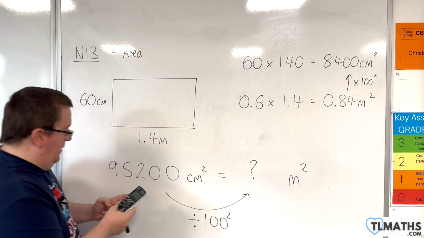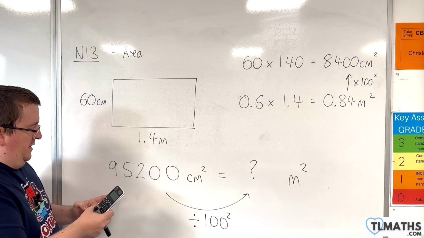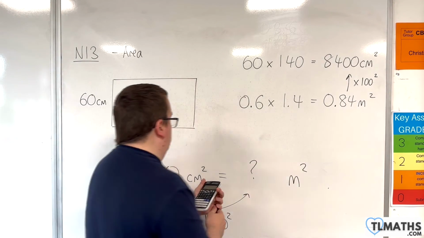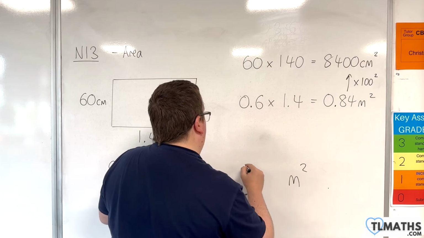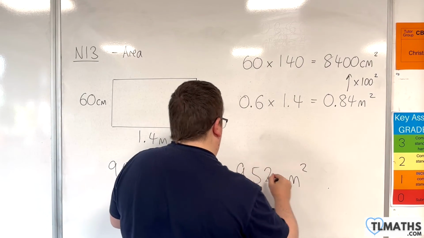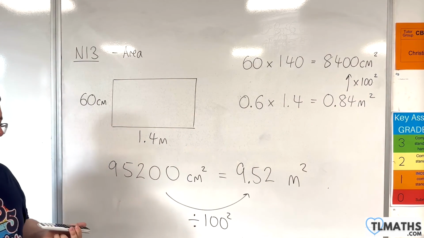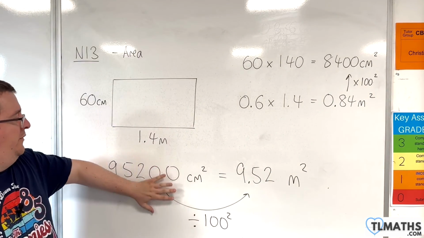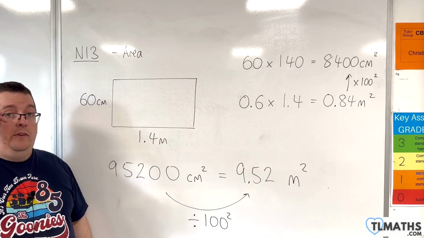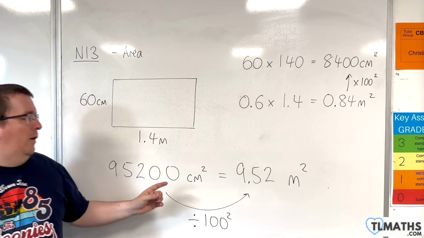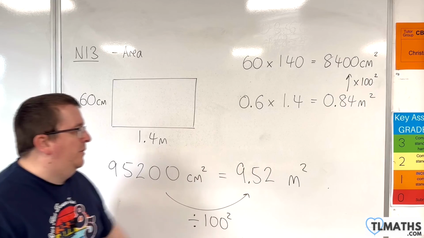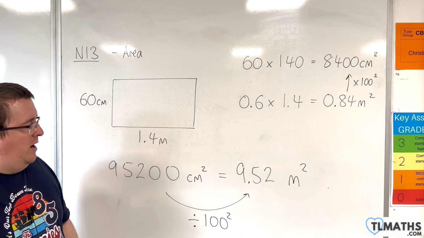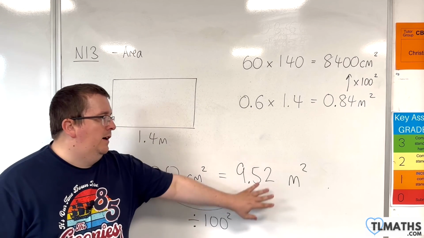So 95,200 divided by 100 squared, and I get 9.52 square metres. And so that's how we can convert from square centimetres to square metres. So it's not going, well, I've got it in centimetres and I need to go to metres, so I just divide by 100. Because you've got two dimensions here, you need to divide by 100 squared.